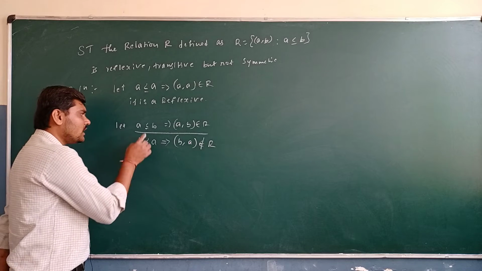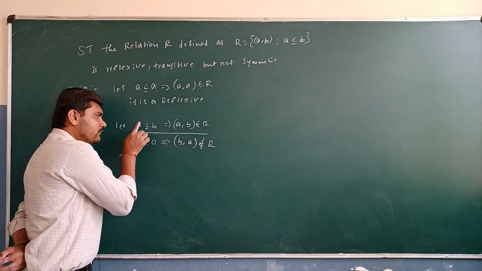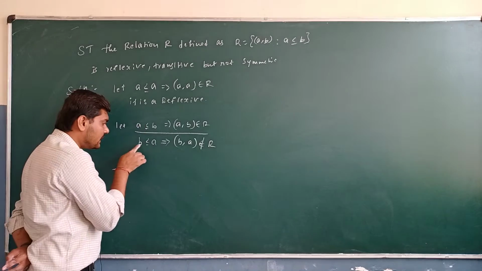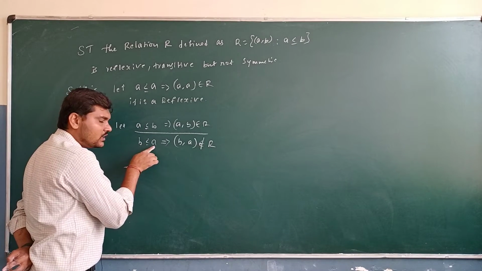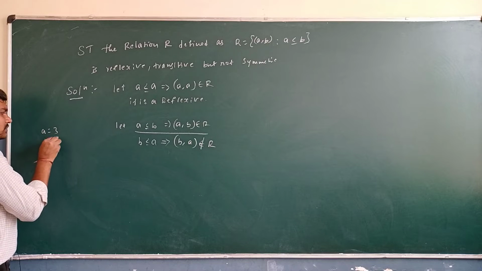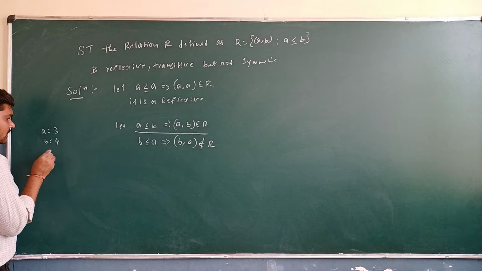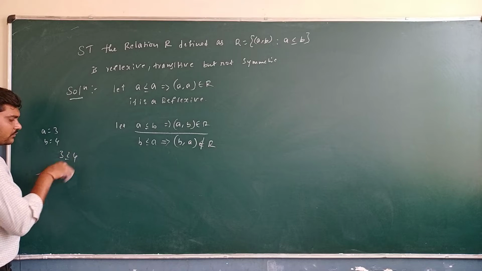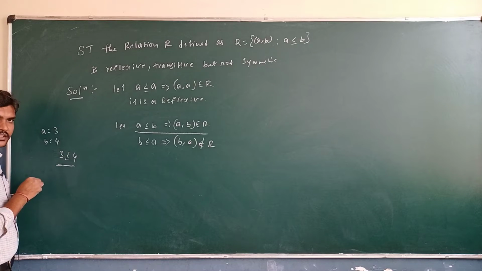But already we have mentioned that a is less than or equal to b. Then what about b less than or equal to a? Let me take an example. a is equal to 3 and b is equal to 4. So 3 is less than or equal to 4, we know this property is going to be satisfied.